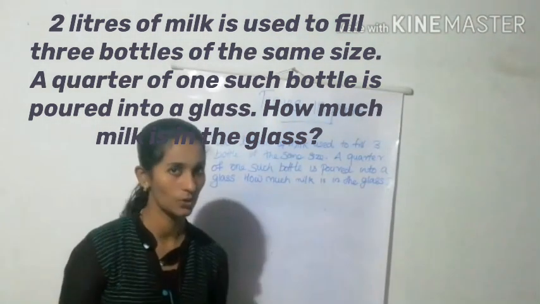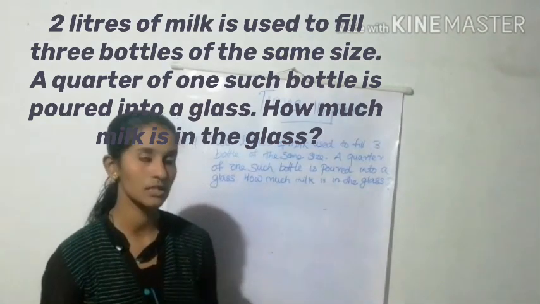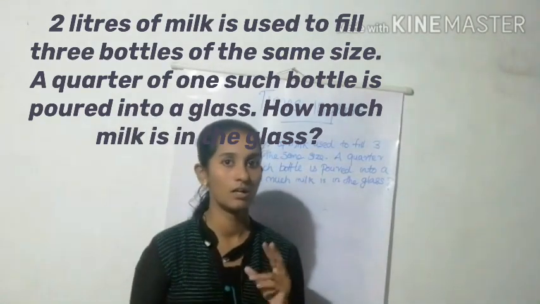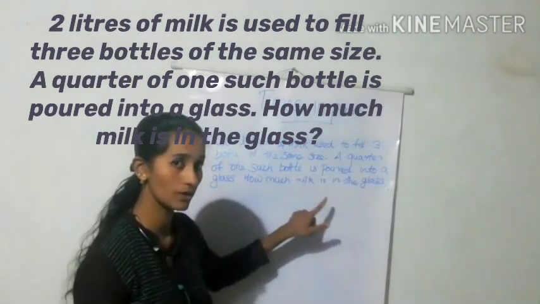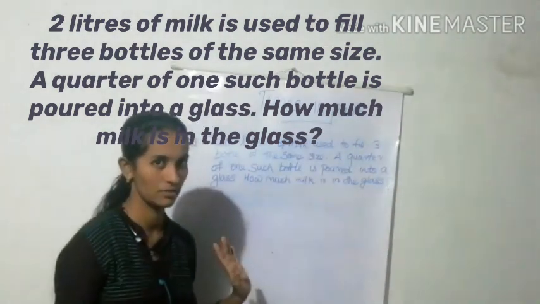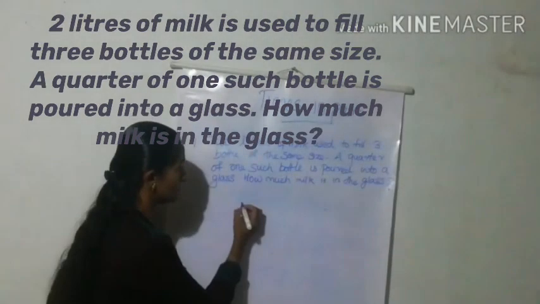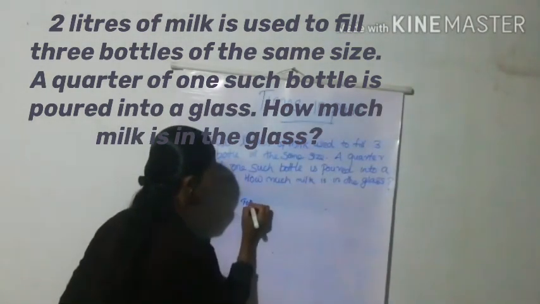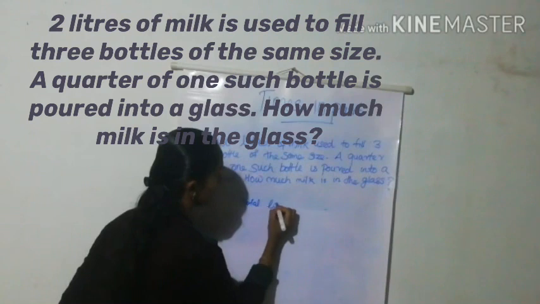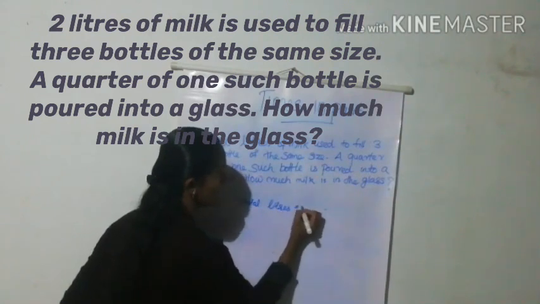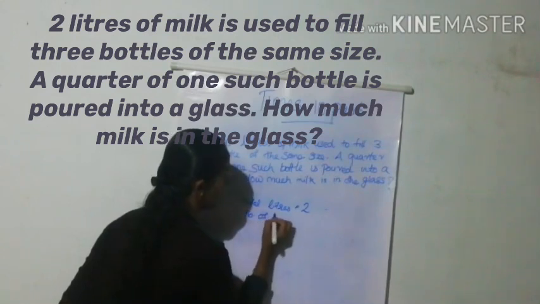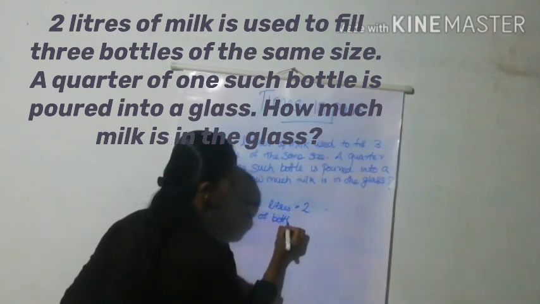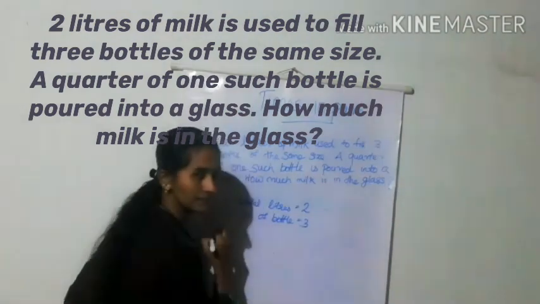There are 2 liters of milk and 3 bottles. We want to find out what quantity of milk a quarter of one such bottle contains. So here, the total liters is 2 and the number of bottles is 3.